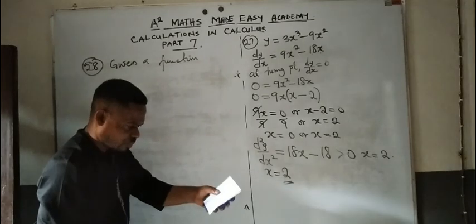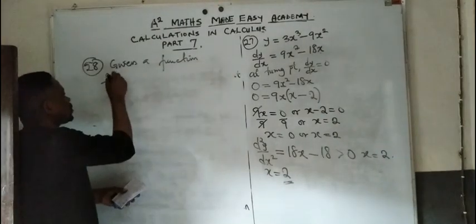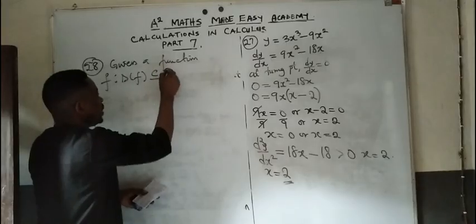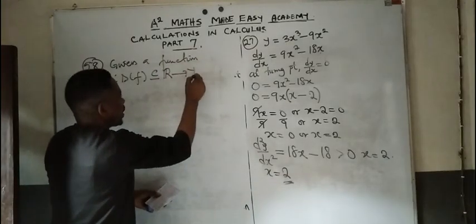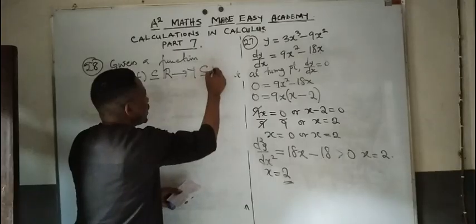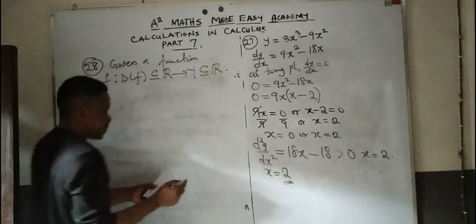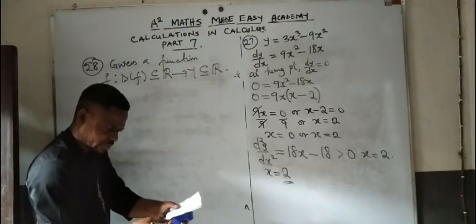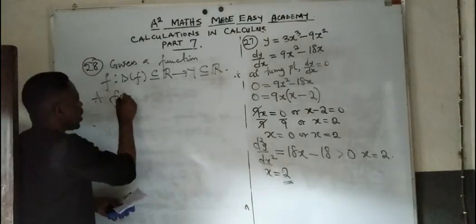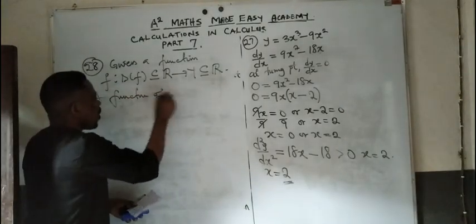Given a function f such that the domain of f is a subset defined in real numbers, mapping to Y, and Y is a subset defined in real numbers, full stop. Are you with me now?